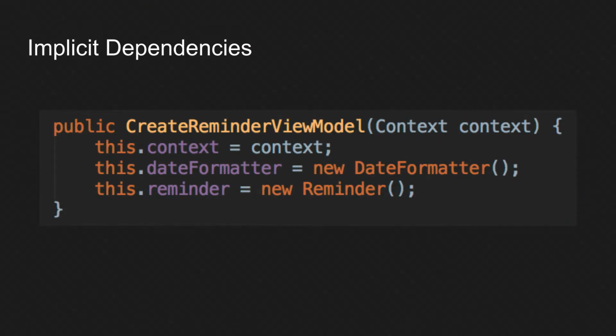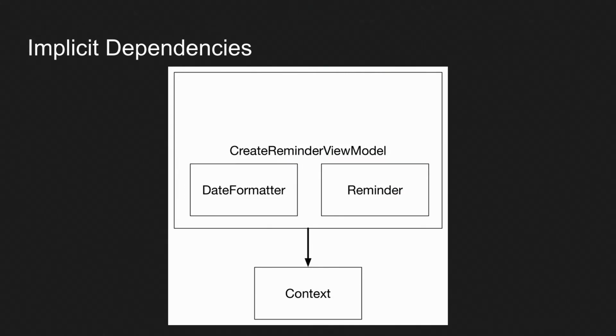I have a constructor for my create reminder view model, and it takes a context as a parameter. It sets this context, but then inside of the constructor, it's creating different dependencies. Now, this is frankly kind of bad because to the rest of the system, it seems like your view model only needs a context to do its job. But that's not right. It also needs that date formatter and reminder object.